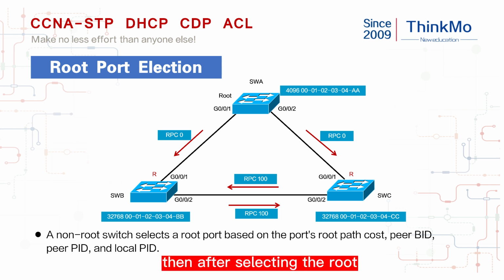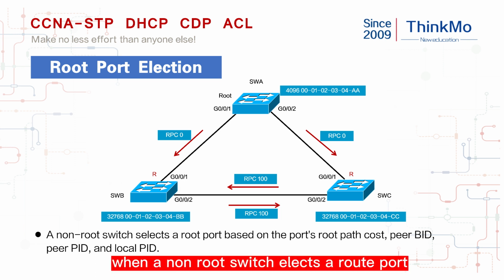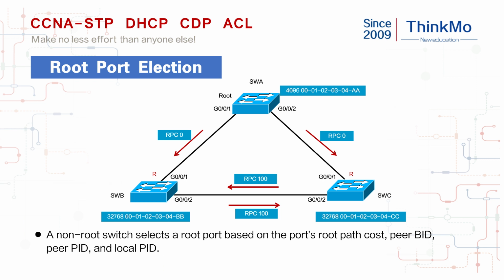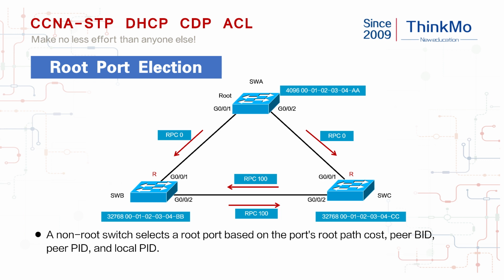Then after selecting the root ports, let's review. Here is a summary. When a non-root switch elects a root port, it goes according to root path cost, peer bridge ID, peer PID, and local PID. These are the 4 parameters we just talked about. Okay. The root port is selected.